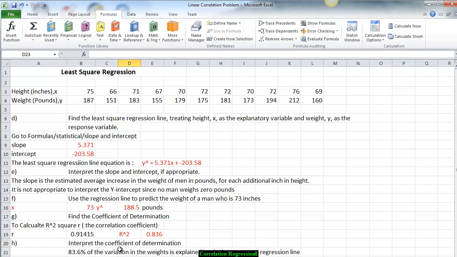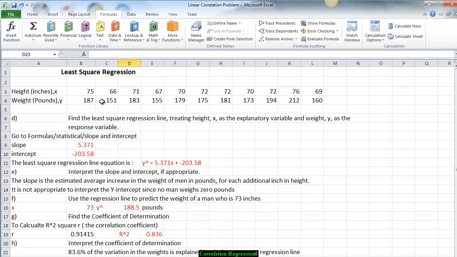Now, in order to interpret the coefficient of determination, we change it to a percent. So 83.6% of the variation in the weights is explained by the least square regression line. In other words, about 83.6% of the time, we can say that the weight of the man can be predicted based upon their height.